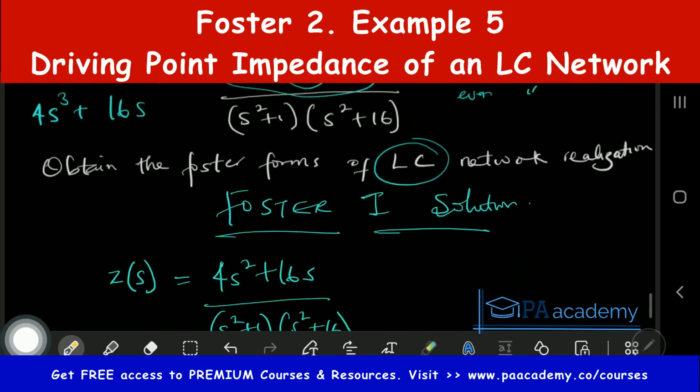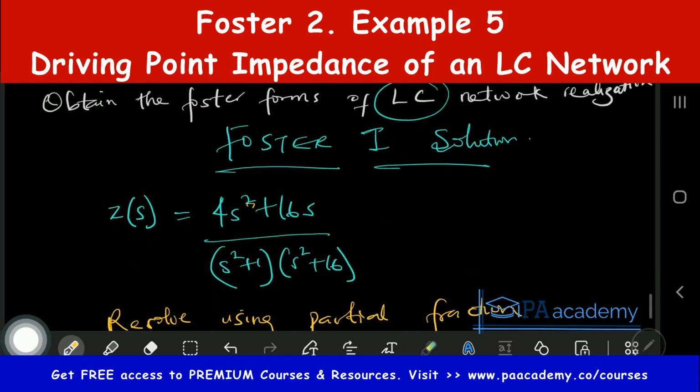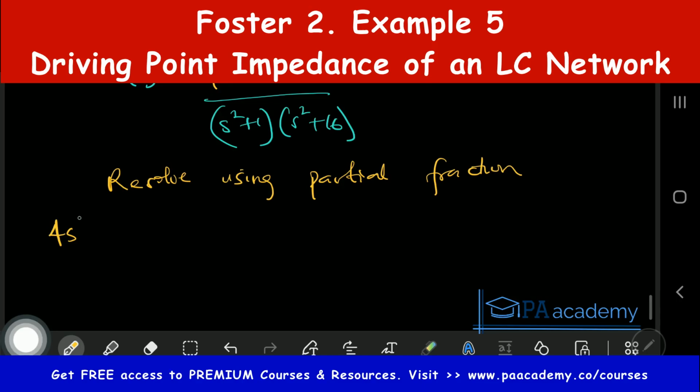Okay, hold on. This should be 4s cubed, not 4s squared. So that will be 4s cubed plus 16s over s squared plus 1, s squared plus 16.